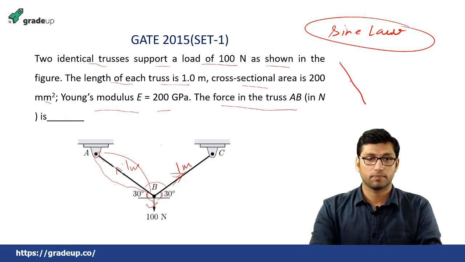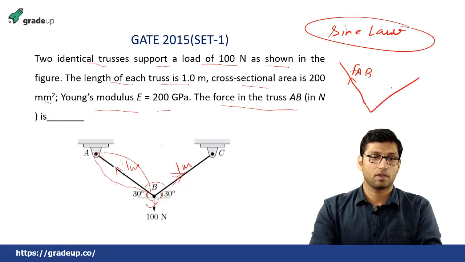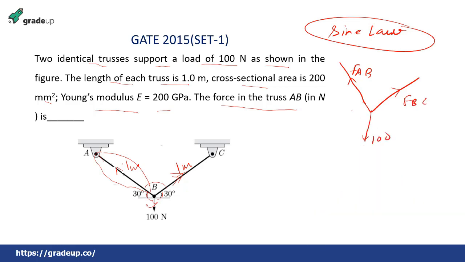Suppose this is FAB, this is FBC, and this is given as 100 Newton, and this angle is given as 30 degree and 30 degree. If you know these angle values, you can find it with the help of sine law, which is FAB over sine of its opposite angle, FBC over its opposite angle, and 100 over its opposite angle.